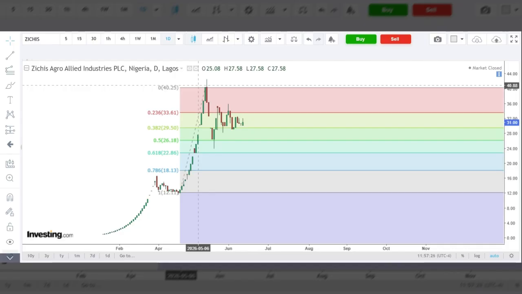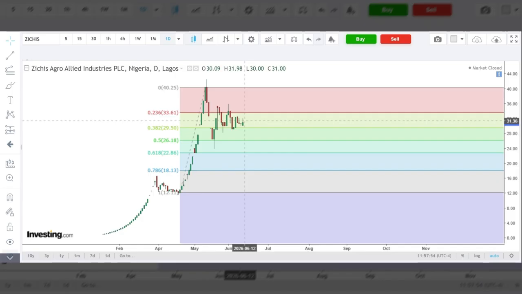You can see from the beginning of wave 3 to the end, it's a very strong move, from 12 naira to almost 14 naira. That is more than 100% ROI, return on investment. So basically, people will take a lot of profits to even this place, and people are now buying into value. Okay, people are buying into value.